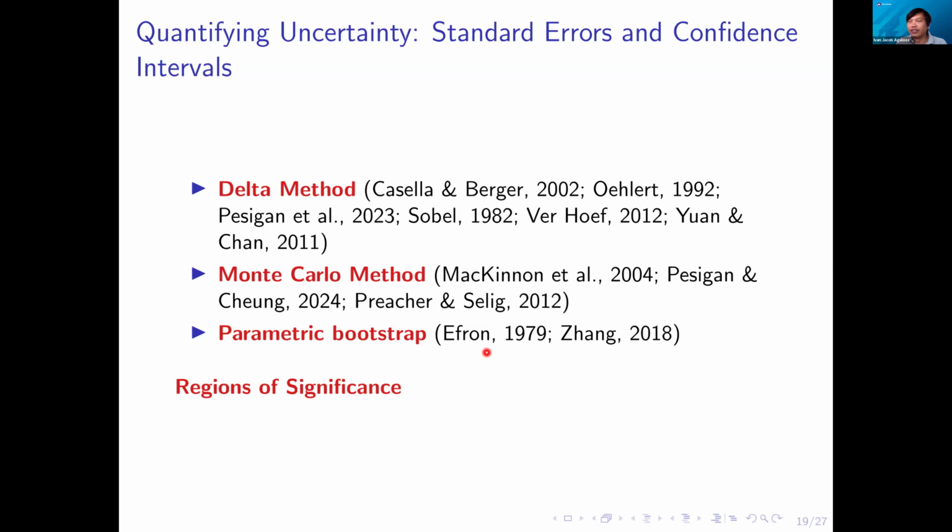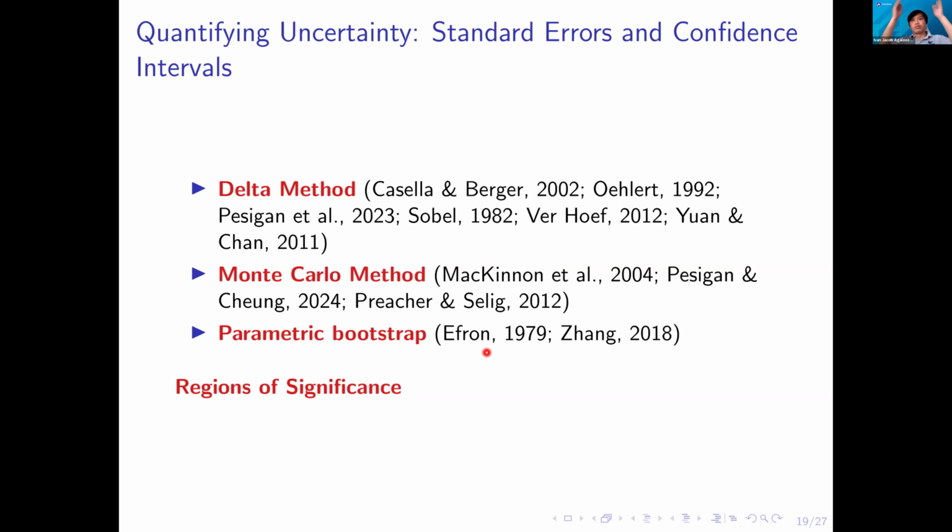The Monte Carlo method, on the other hand, if you're familiar with the bootstrap, is very similar to the bootstrap. The idea is that you have estimated parameters from your model, and you use those estimated parameters to generate a distribution of other parameters, such that you can get standard errors by getting the standard deviations of those simulated parameters.